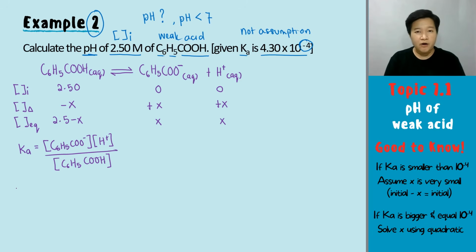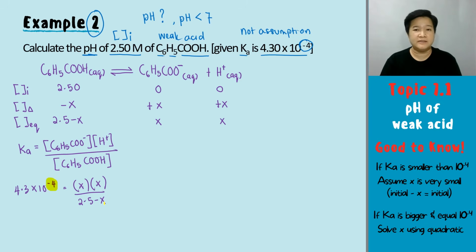Substitute in the value of your Ka, 4.3 times 10 to the power of negative 4, equals X multiplied by X over 2.5 minus X. So the problem arises with the 10 to the power of negative 4. When your Ka is times 10 to the power of negative 4, that means we need to solve for X by using the quadratic method.